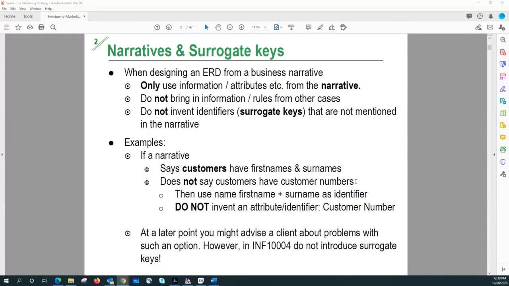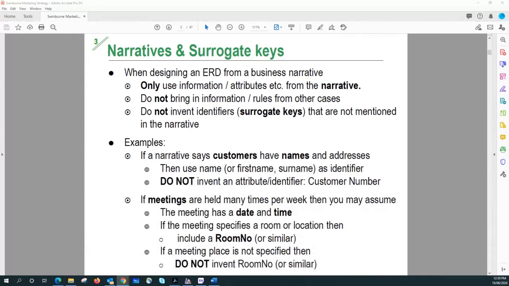If they mention the customer name as first name and surname, we can combine these two to make a perfect identifier or primary key, right? Remember that, because in the tests that we are going to do in week 12, you will get some scenarios, so make sure that you use the information provided in the case study, right?